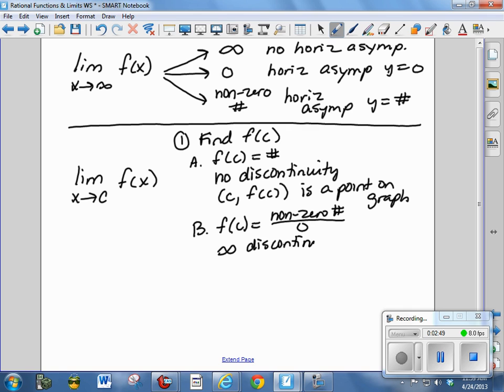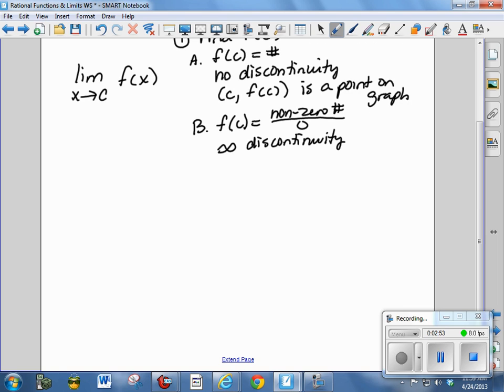In other words, as x goes to that number, y approaches positive or negative infinity as x goes to c. And so we have here a vertical asymptote.